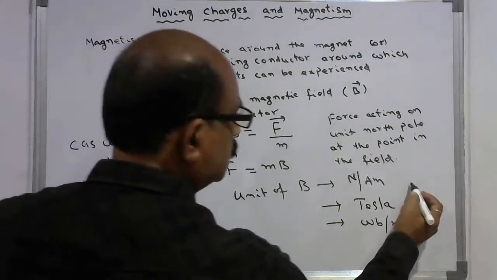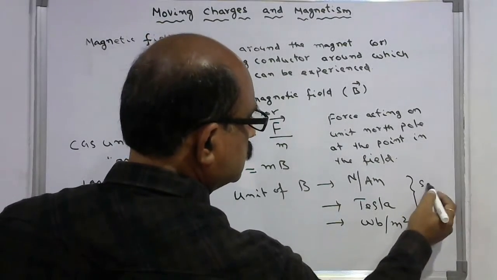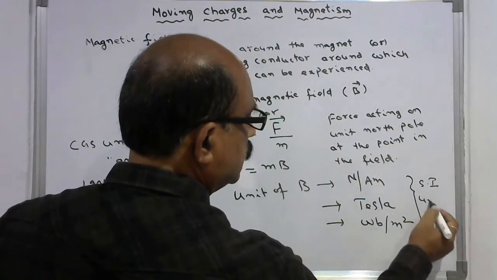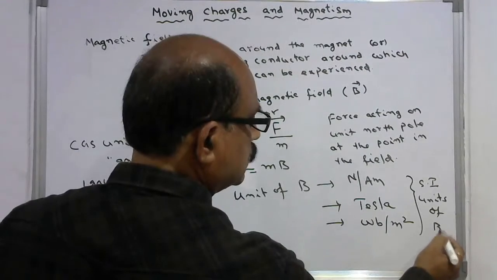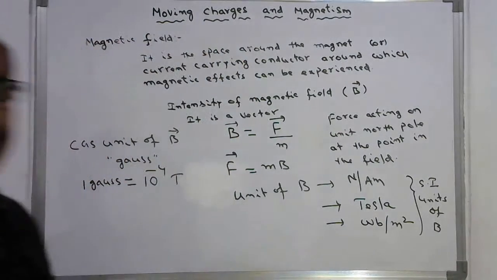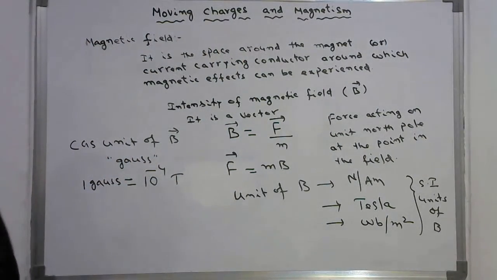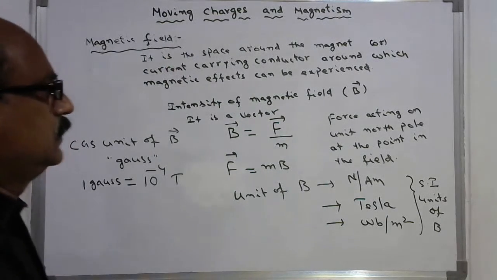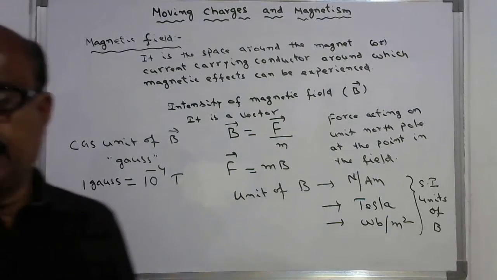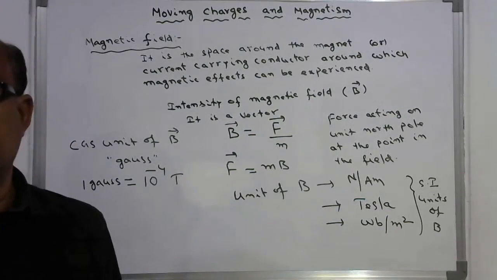These are all the SI units of B, magnetic field intensity. This is all regarding the magnetic field. Now let us observe another concept.